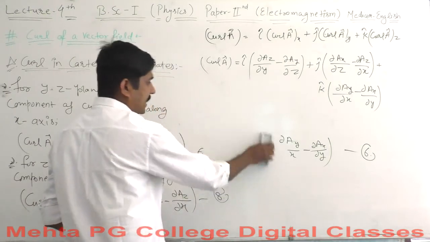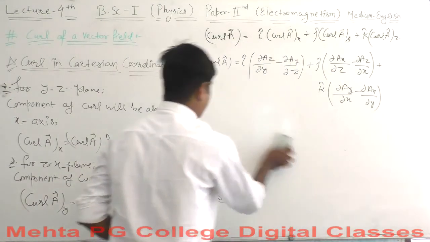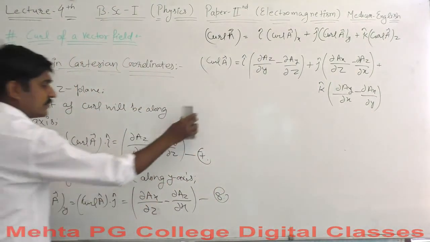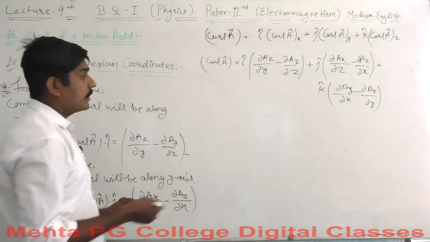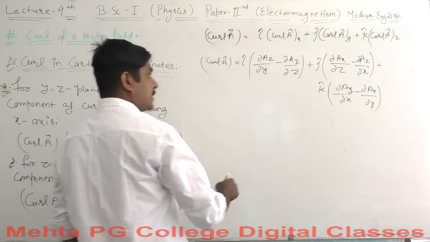Let me clear this off again. So what will be the exact value of curl here? This must be equation 9 here.